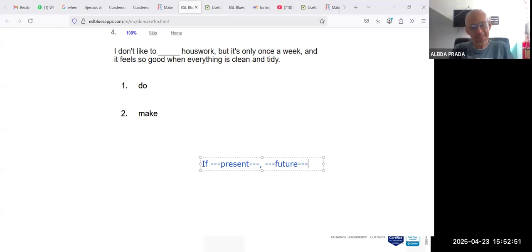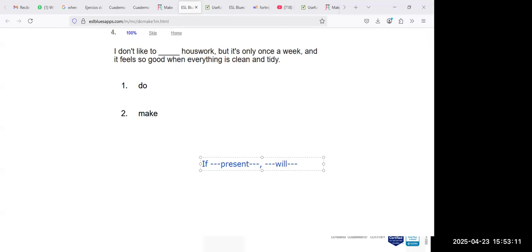It's so difficult to teach them that topic because it's focused on grammar. We have to say, okay, here is present and here is future. And of course, here is very easy because you are going to use only will.